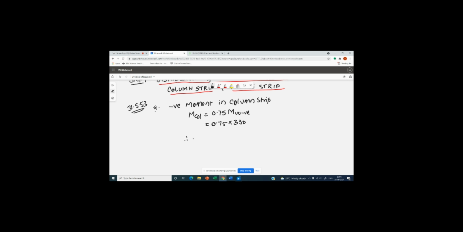So we get the negative bending moment in column strip, and as it's negative, you can show it with a negative sign, minus 247.5 kilonewton meter. So this is the first bending moment in the column strip. Just for remembrance, we will write it like this.